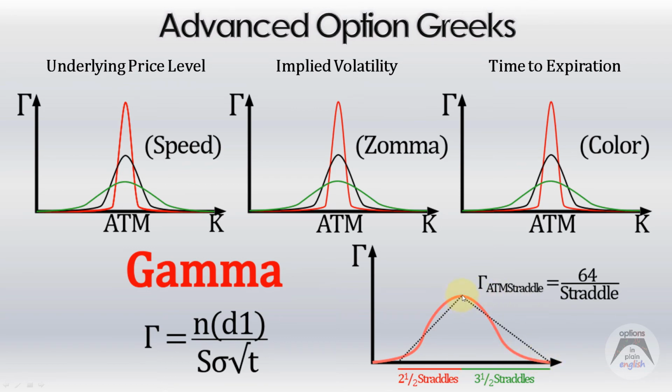And you can easily calculate the gamma of the at the money straddle as being the number 64 divided by the value of the straddle. So if you have a straddle that's trading for $8, for example, an at the money straddle that's trading for $8, then the gamma for the at the money straddle is going to be 8% or 0.08.